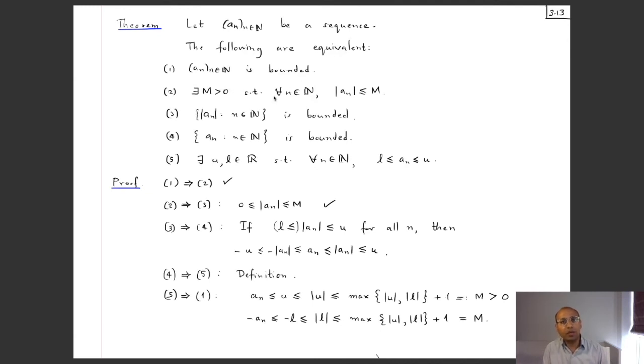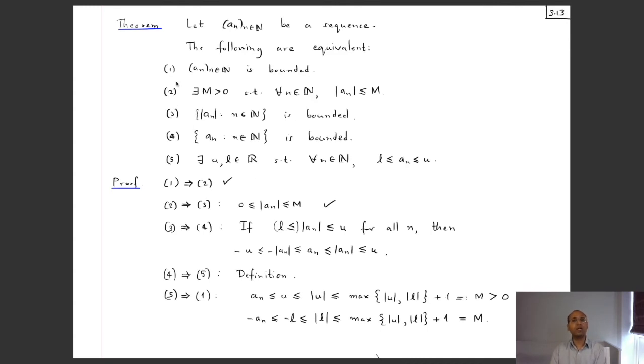To say that the sequence is bounded, from the definition, is the same as saying that there exists a bound capital M which is positive, such that for every index, the mod of the nth term is less than or equal to M. And that's the same as saying that this set of real numbers, mod a_n, where n ranges over all the natural numbers, is bounded. And that's the same as saying the set of just the terms of the sequence is bounded. And that's the same as saying, we know that a set being bounded means that there is an upper bound and a lower bound. Each of these sentences means the same thing.